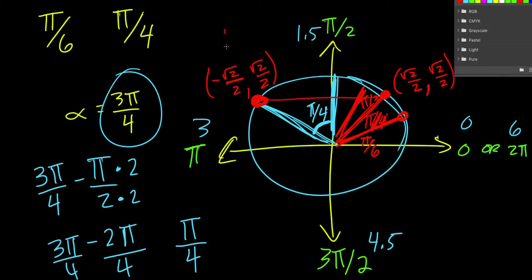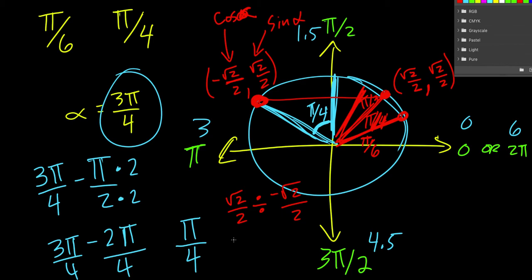So this is going to be the cosine of alpha. Sorry, they used alpha instead of theta. This is going to be the sine of alpha. And then for tangent, we need to divide, it's y over x. And so it's square root of 2 over 2 divided by negative square root of 2 over 2.